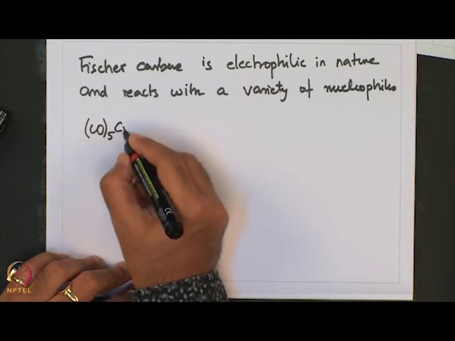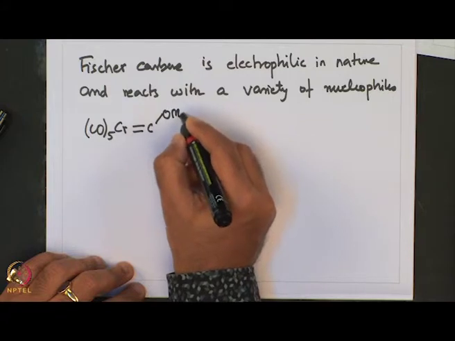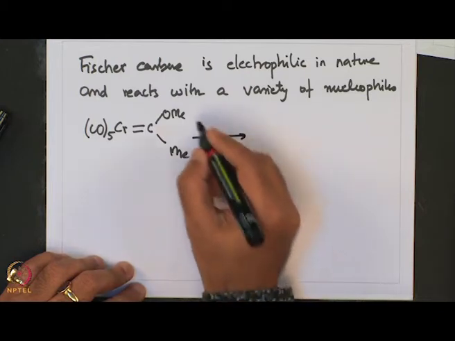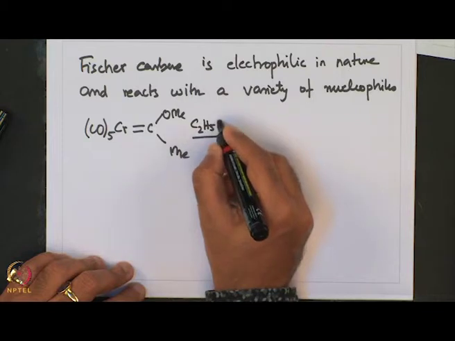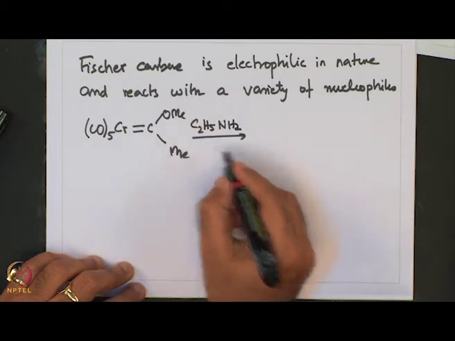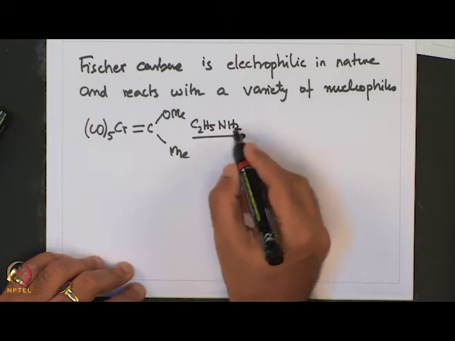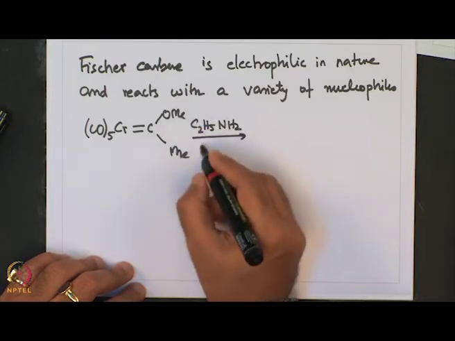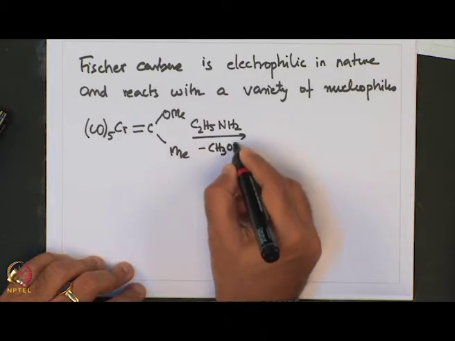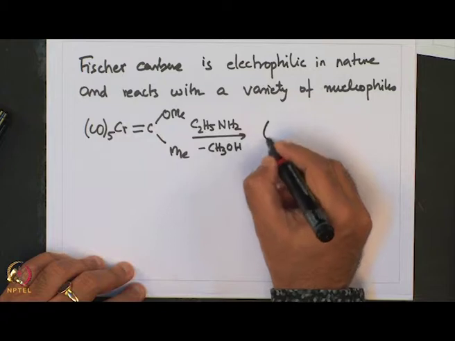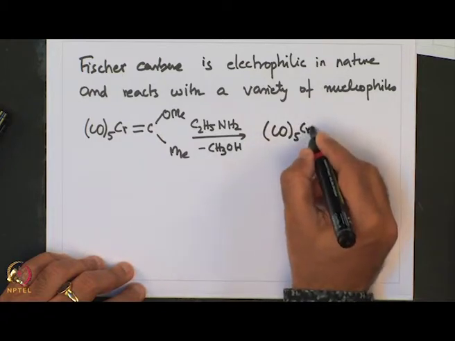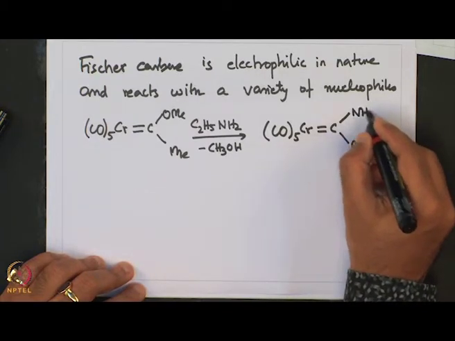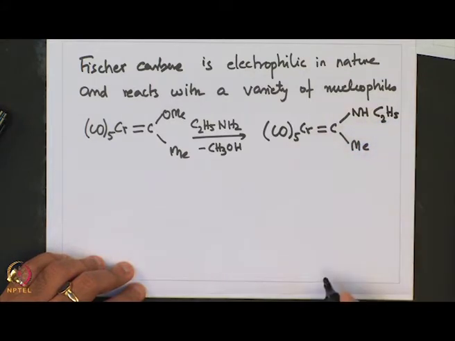For example, for this chromium C OMe methyl complex reacting with C2H5NH2, it gives methanol, particularly from the amine protonating the O-methoxy, and then gives the corresponding C NH C2H5 carbene complex.